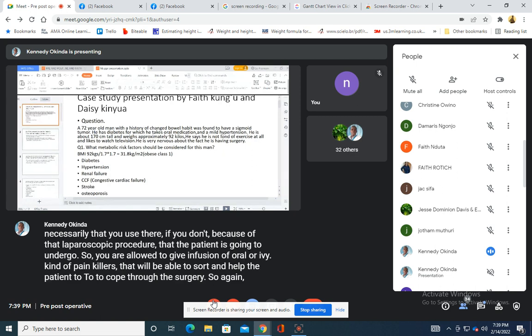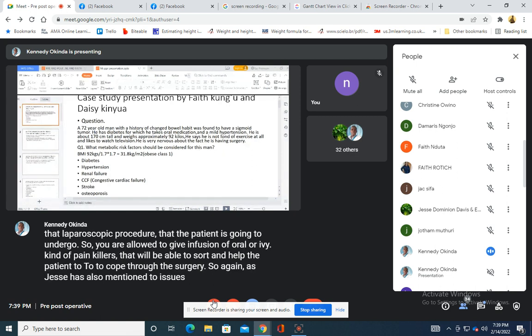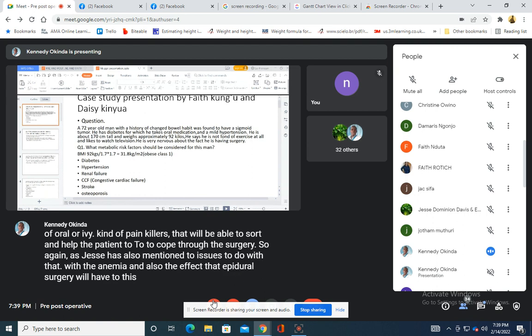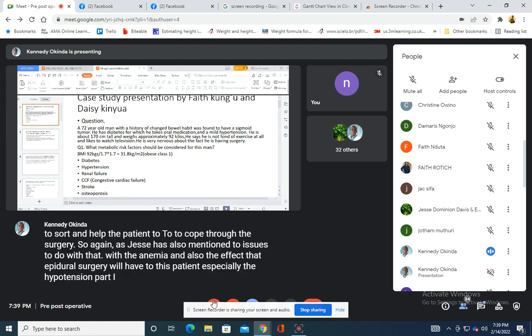So again, as Jesse has also mentioned, there are issues to do with the anemia and also the effect that epidural will have on this patient, especially the hypotension. I hope that is well understood. All right.